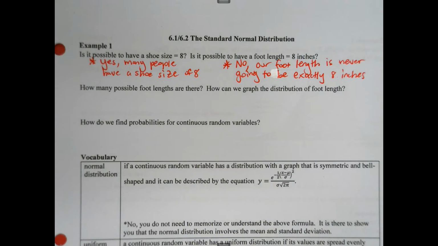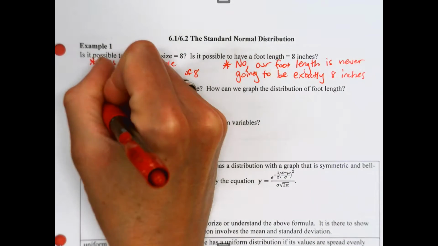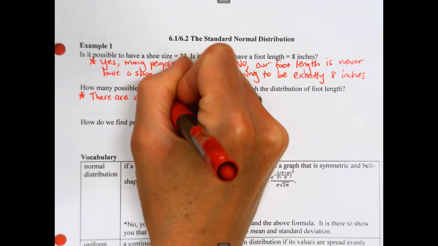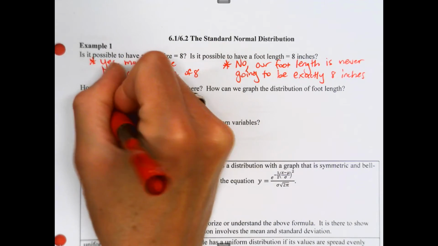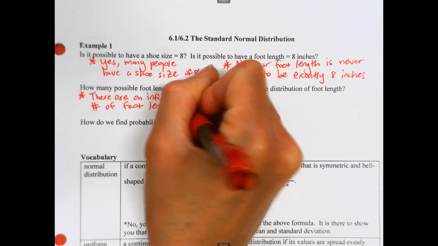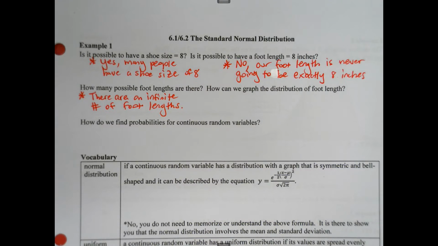How many possible foot lengths are there? Well, depending on how close we zoom in, there could be an infinite number of foot lengths. And how can we graph the distribution? Before, when we looked at discrete topics, we had the ability to make a histogram.